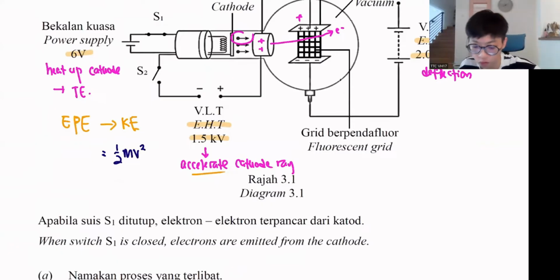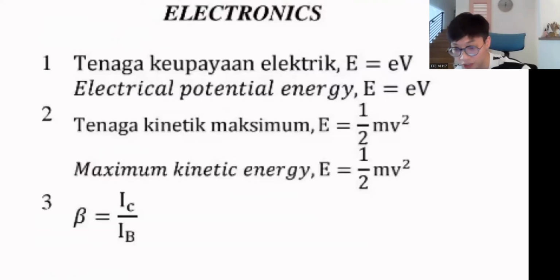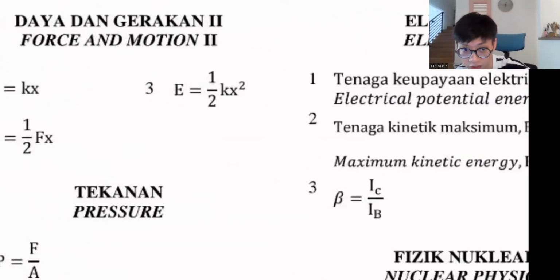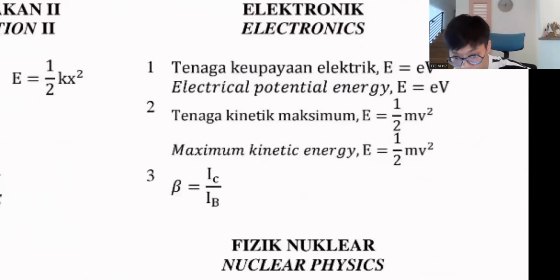You just have to go and look at your formula sheet. I have something like the official formula sheet for SPM. If you look at the formula, they actually gave you electrical potential energy, so I don't have to force myself to memorize it.